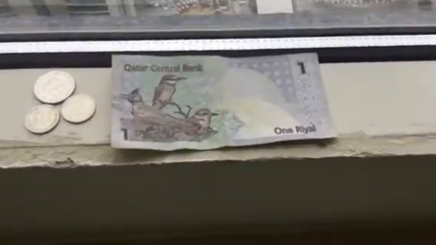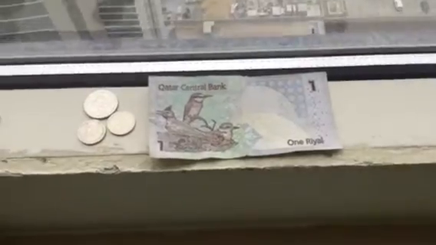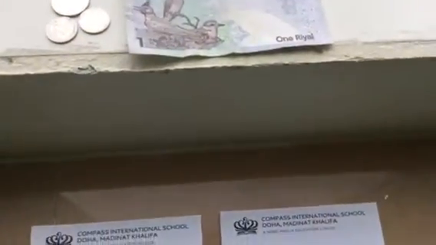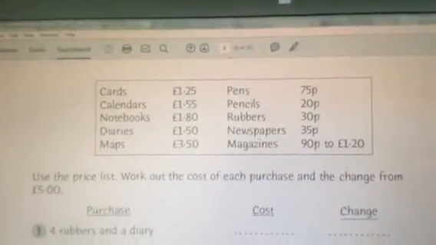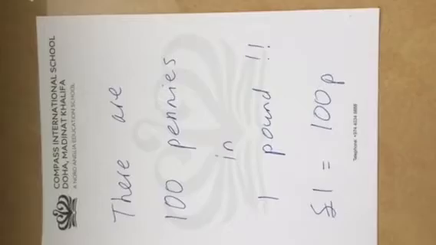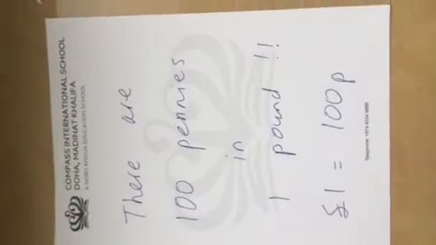Okay? That's the first thing to understand with this money. But we're dealing with pounds and pence. But it's the same idea. There are 100 pennies in £1.